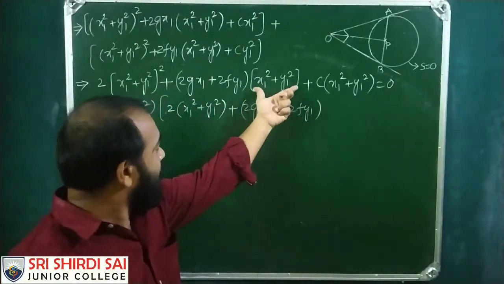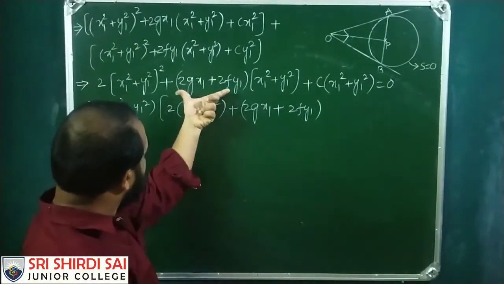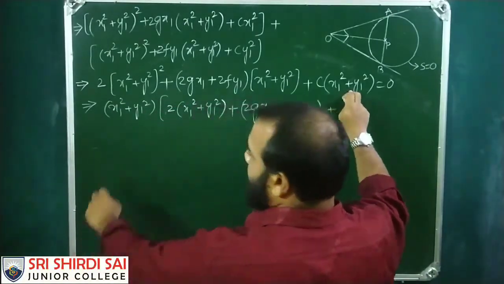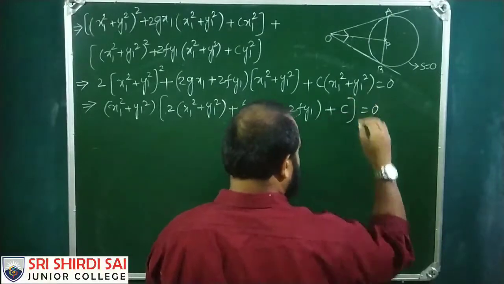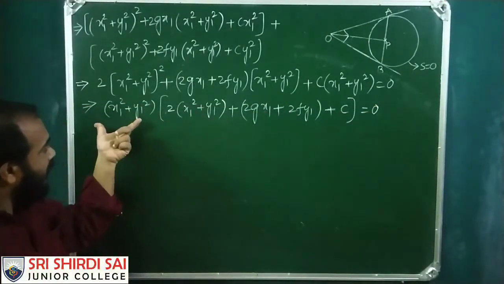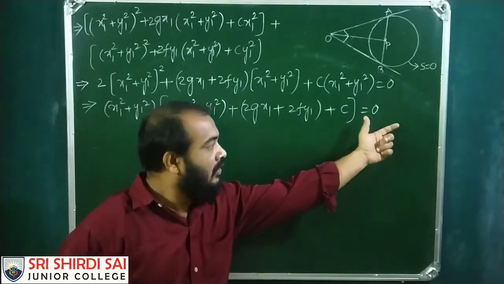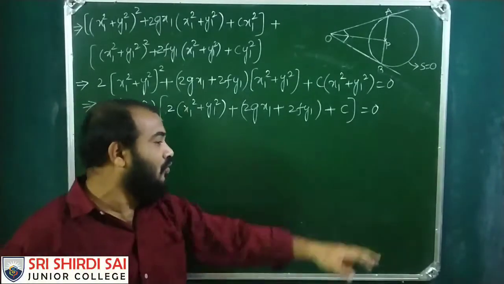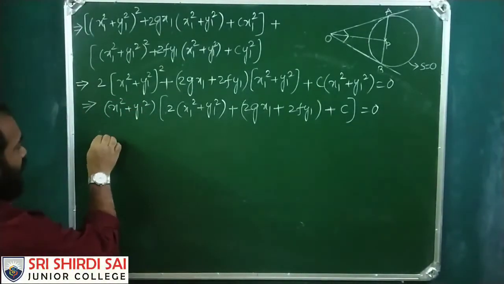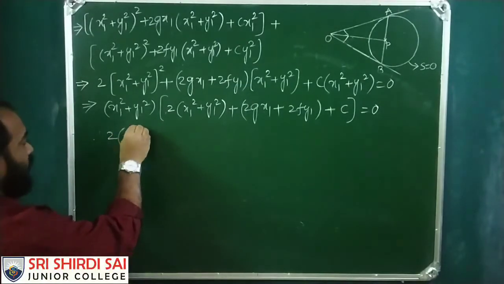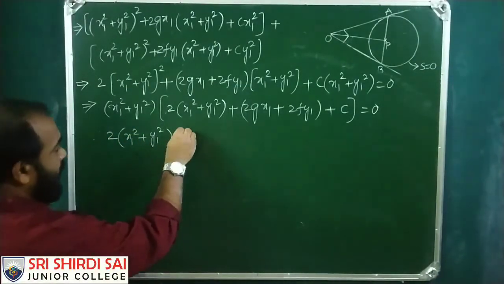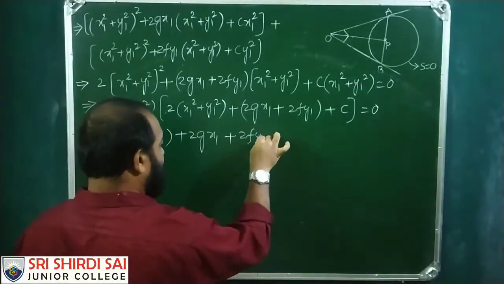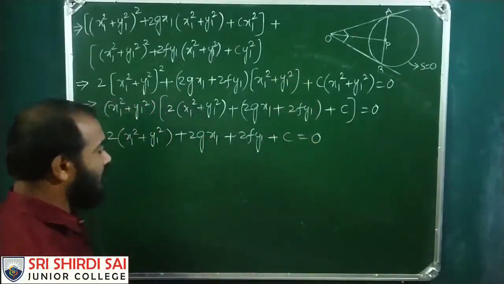Since x1 square plus y1 square has been taken common, I am left with 2gx1 plus 2fy1 only, plus c I am left with, equals 0. So this is getting multiplied. If you transpose this onto the other side, 0 by (x1 square plus y1 square) is 0. So what I am left with is 2 into (x1 square plus y1 square) plus 2gx1 plus 2fy1 plus c equals 0.